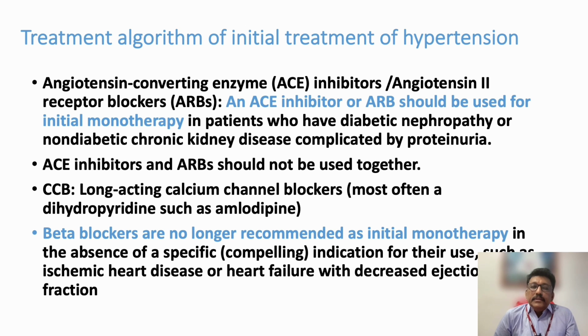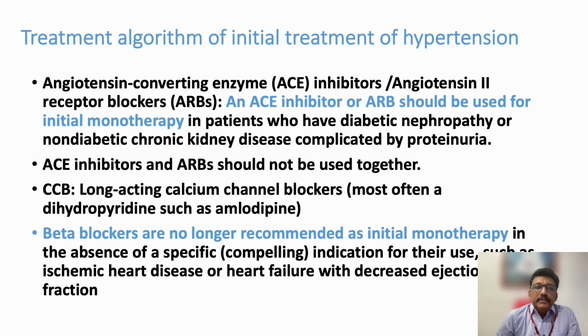So you can start either ACE inhibitor or angiotensin receptor blocker or calcium channel blocker or diuretic as a first line therapy. If that drug is not working, then you can either increase the dose or add another drug. The problem with antihypertensives is whenever we start a drug, to get the optimum result of that dose, we have to wait at least 2 weeks.